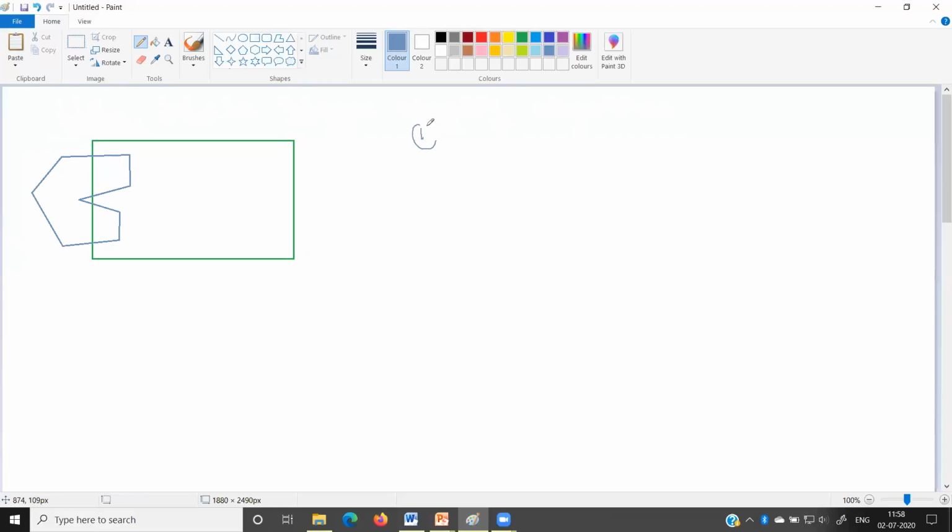Number one consideration is you have to traverse the polygon in clockwise direction. So this is the first assumption, first consideration. You can say we have to traverse the polygon in clockwise direction. Okay.